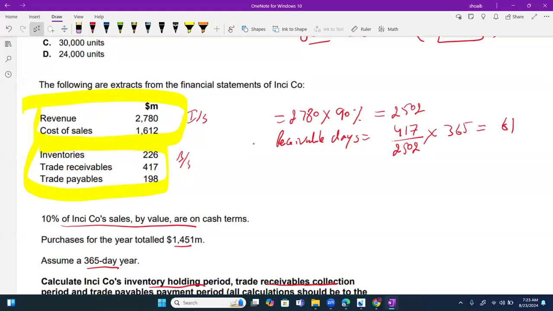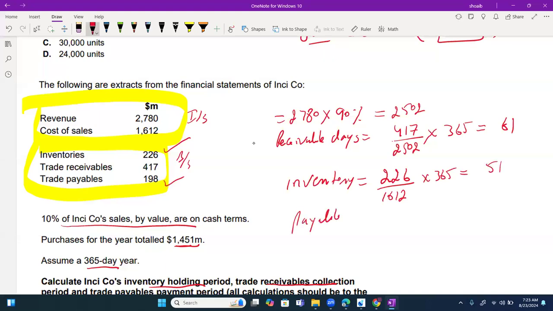Inventory holding period. Purchases are given as 1451, cost of sale is 1612, inventories are 226, and trade payable is this. For the inventory formula, put the inventory value in the numerator and the cost of sale in the denominator, into 365. If you solve it, the answer is 51.